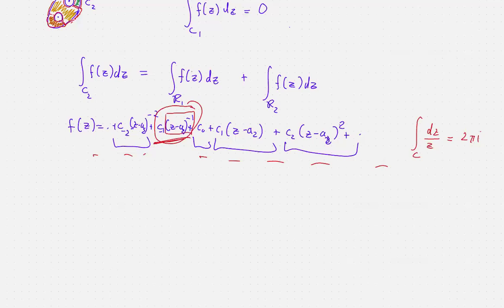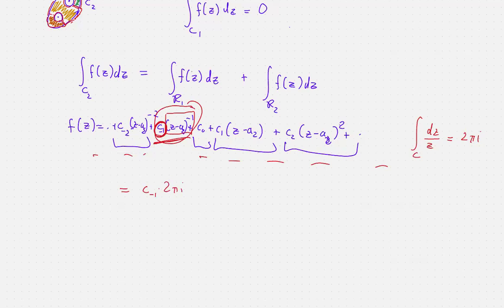So eventually you would get that this integral would end up being c negative 1 times 2 pi I for the first disk plus a similar picture for the second disk.